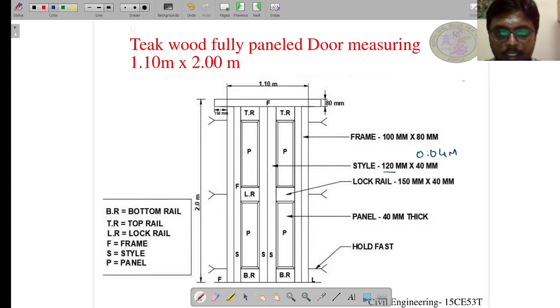So the depth is 40 mm. If you want to visualize this stile, it will just look like this.